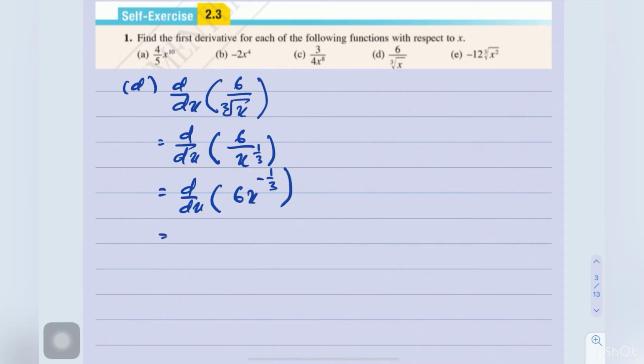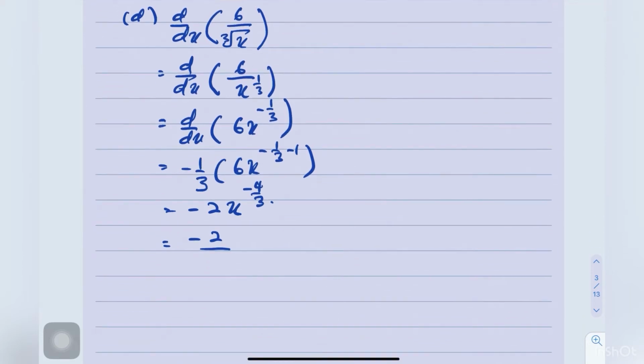Then you differentiate, so it becomes negative 1 over 3 times 6x to the power of negative 1 over 3 minus 1. Here we have negative 2 x to the power of negative 4 over 3. So this one is negative 2 over x to the power of 4 over 3, or you can express it like negative 2 over cube root of x to the power of 4.